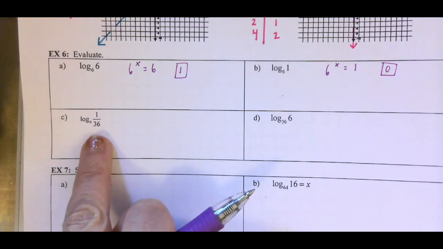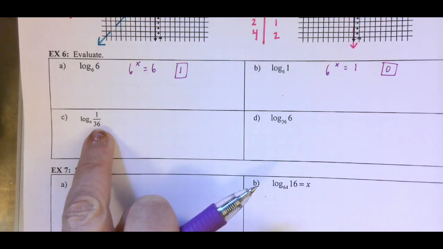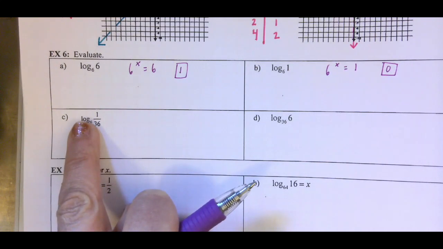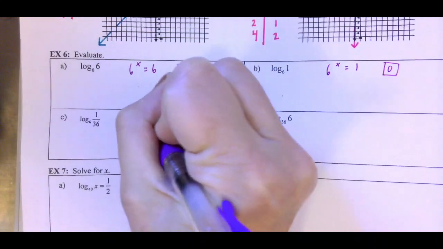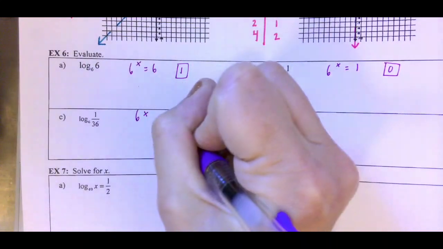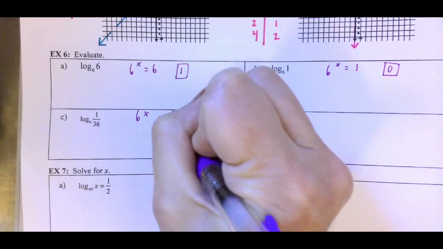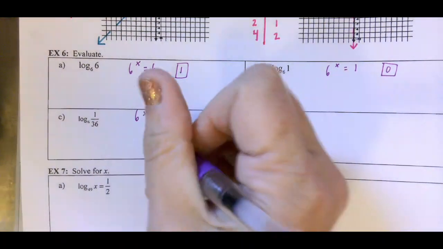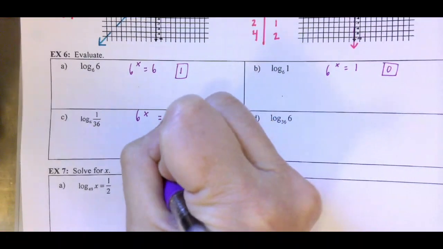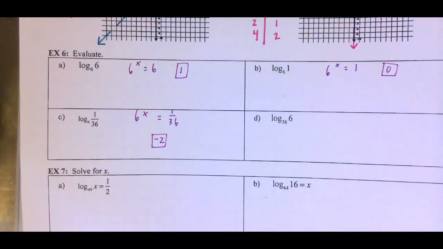Log base 6 of 1 over 36. So 6 to what power gets us 1 over 36? If you still like the visual, visualize it. 6 to the x power equals 1 over 36. Well, we know that 6 squared would be 36, so this must be the negative second power that gets us 1 over 36.